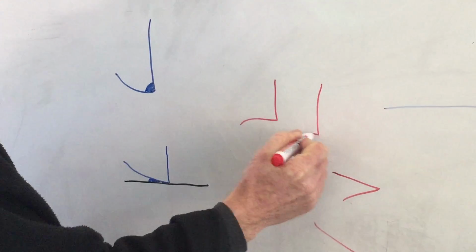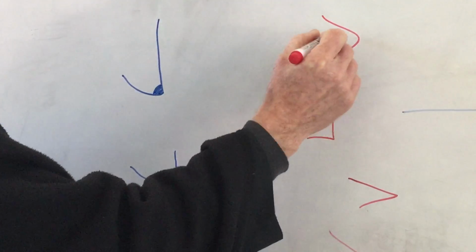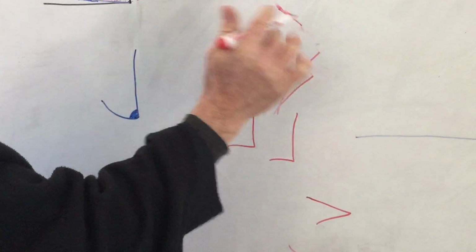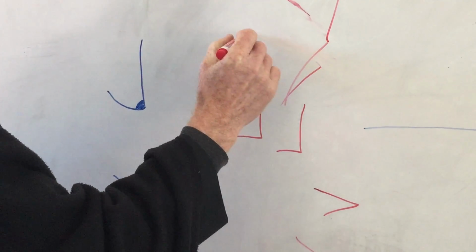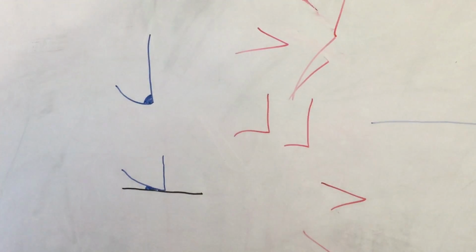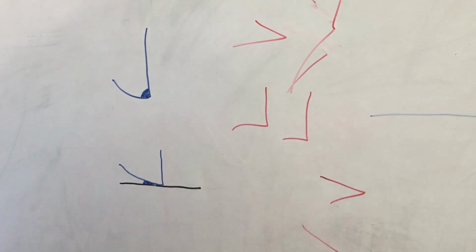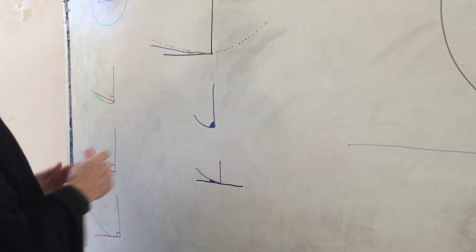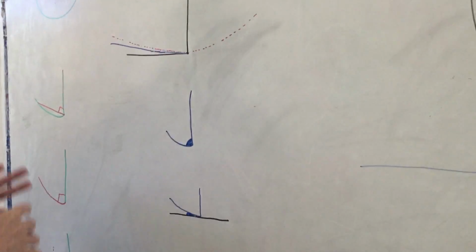Rectilineal right angle, let's do it this way, rectilineal obtuse angle, and then rectilineal acute angle. An acute angle, as we know, is any angle less than a right angle. Okay, so the angle of the circumference is greater.